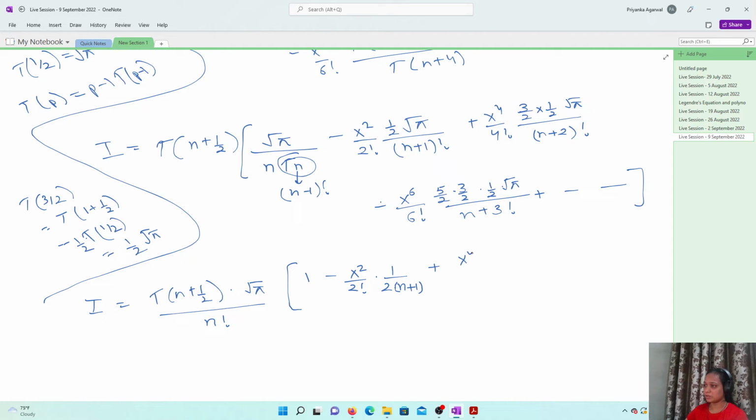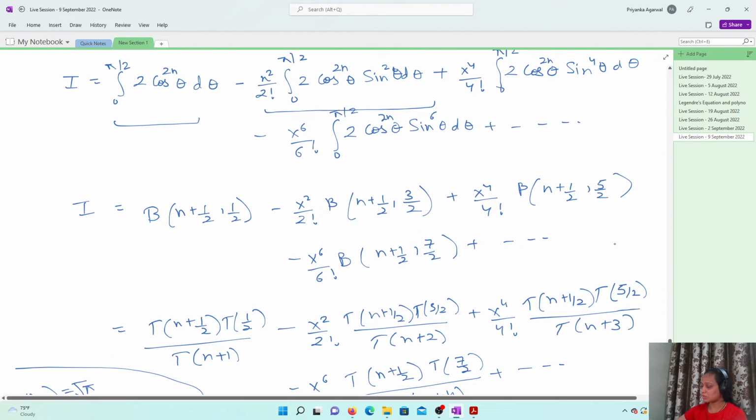Similarly, plus x to the power 4 over 4 factorial, 3 by 2 into 1 by 2 over n plus 2 into n plus 1, minus x to the power 6 over 6 factorial, 5 by 2 into 3 by 2 into 1 by 2 over n plus 3 into n plus 2 into n plus 1, and then so on.